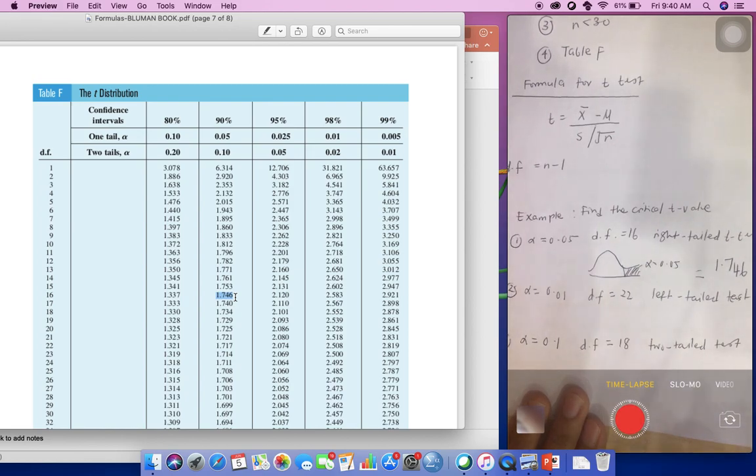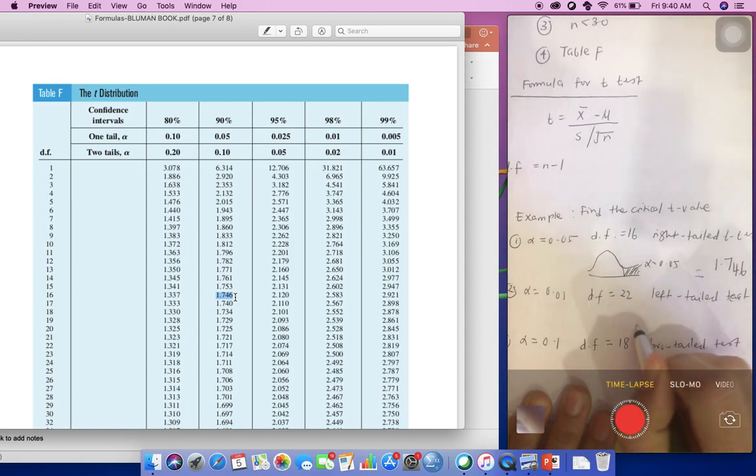How about the second example? The second example is alpha equals 0.01, and the degree of freedom is 22.